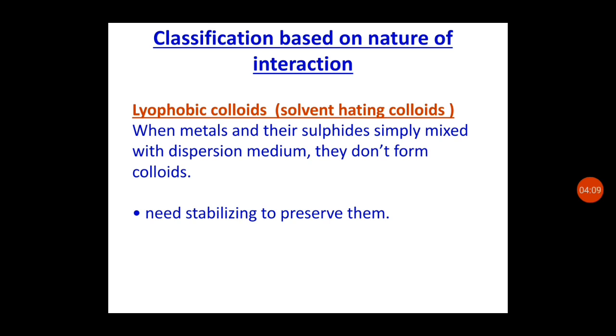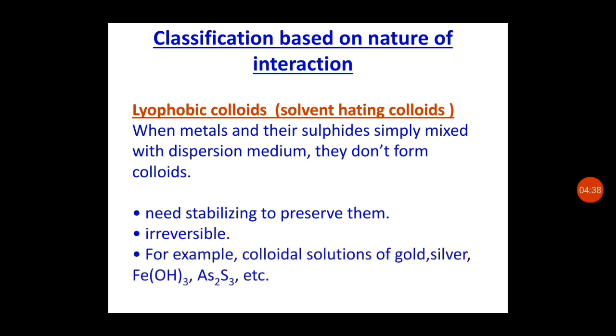So they need special methods to be formed. They may be chemical method or physical method, but there are special methods. They are irreversible in nature, means once the dispersed phase and dispersion medium get separated, we again need to apply the chemical method or the special method to form the colloid again.